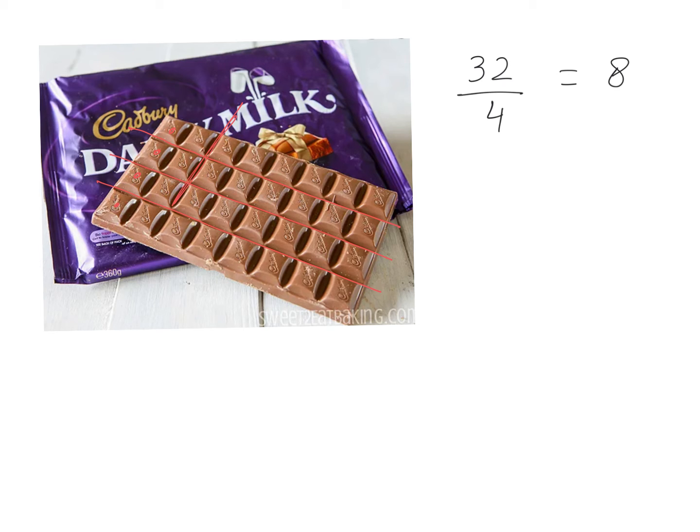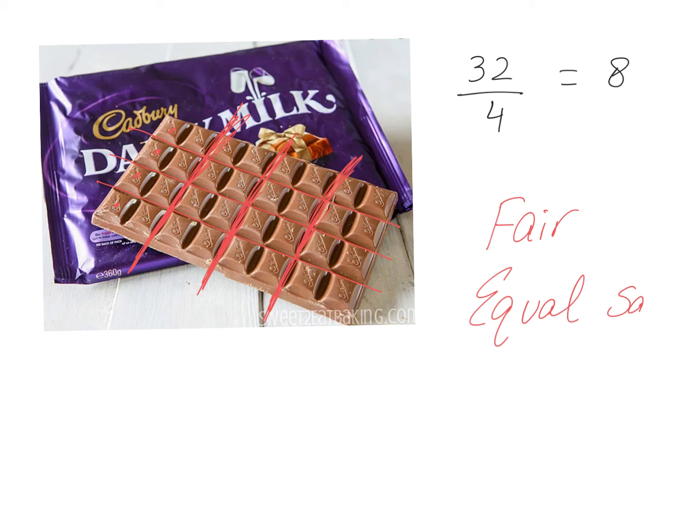Or I could break it this way. 1 part, 2 part, 3 part, 4 part. And we want to be fair, right? You want to give equal share. That's the idea. So each person should get 8 pieces. That's what you're looking for.